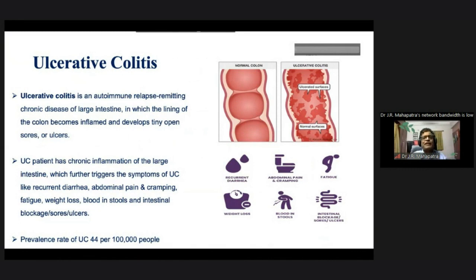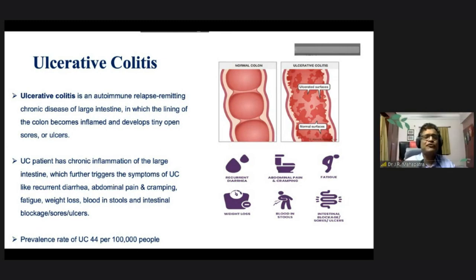It is an autoimmune, relapsing-remitting chronic disease of the large intestine in which the lining of the colon becomes inflamed and develops tiny ulcers or sores. Chronic inflammation of the large intestine triggers symptoms of ulcerative colitis like recurrent diarrhea, abdominal pain, cramping, fatigue, weight loss, blood in stool, and intestinal blockage, sometimes sores or ulcers.